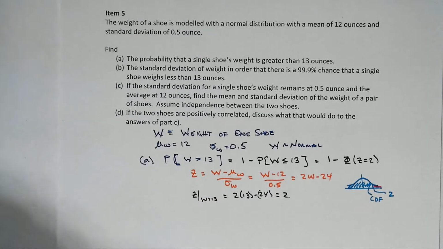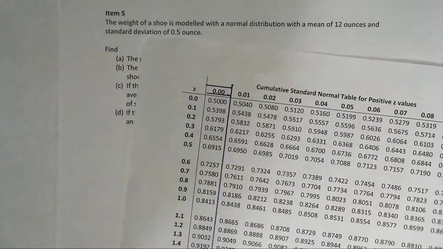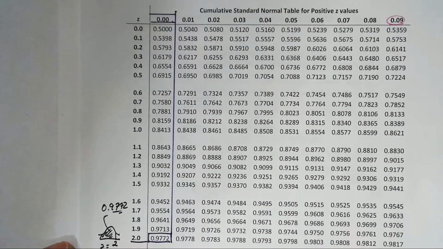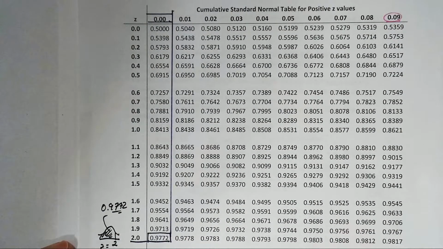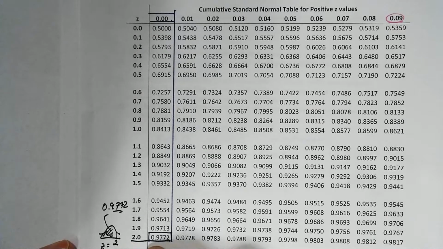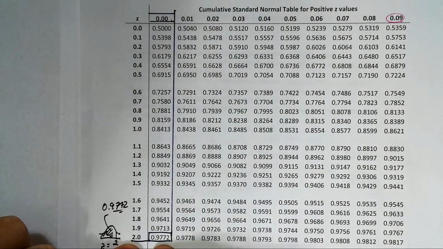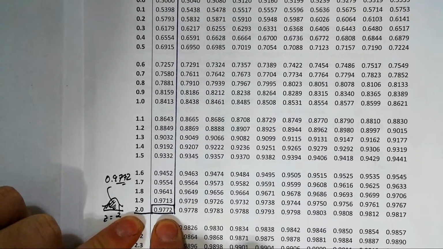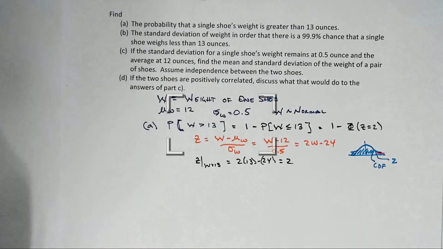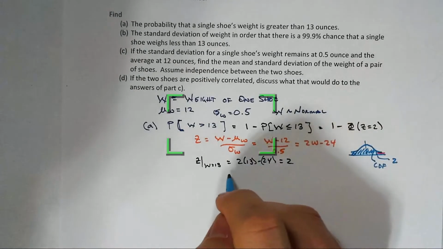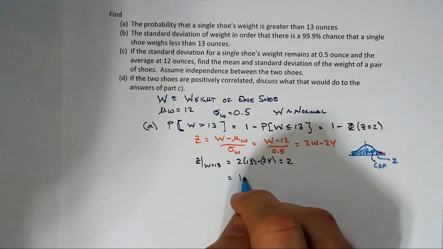So there, all we have to do is go into the cumulative standard normal table. We have a positive z value of 2.00, so 2.0, and add 00 to it, and we get then the 0.9772 as our answer. Well, partial answer.